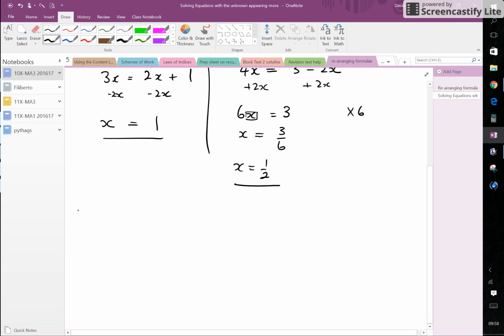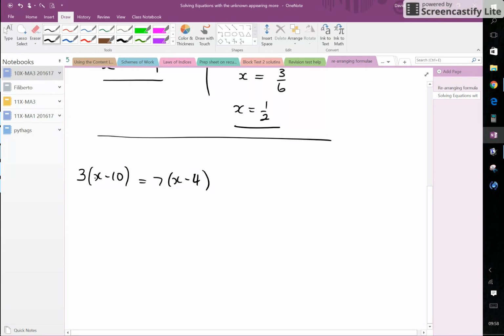Let's have a look at some other ones. So here we've got, say, something like 3x minus 10 in brackets equals 7x minus 4 in brackets. Again, we've got x appearing in two places, so we've got to somehow try and gather these things together. The first thing we need to do is to multiply out these brackets.